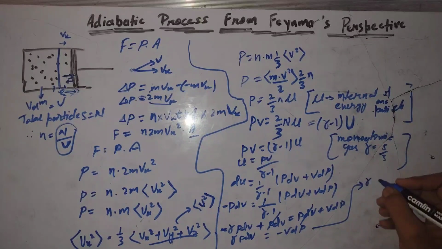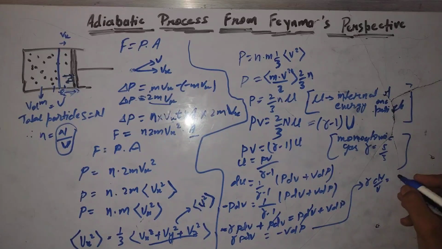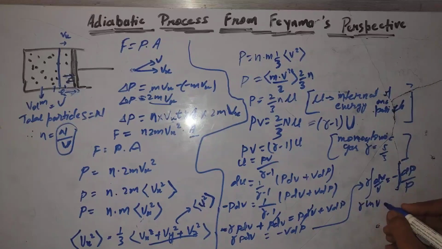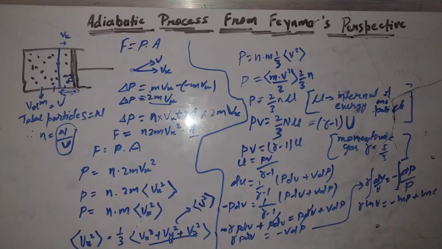So this would be gamma into dV by V equals minus dP upon P. Let me think whether it's perfectly accurate or not. Yes, I think this is accurate, and I'm going to integrate both sides. By integrating, we get gamma into ln V equals minus ln P plus ln C.